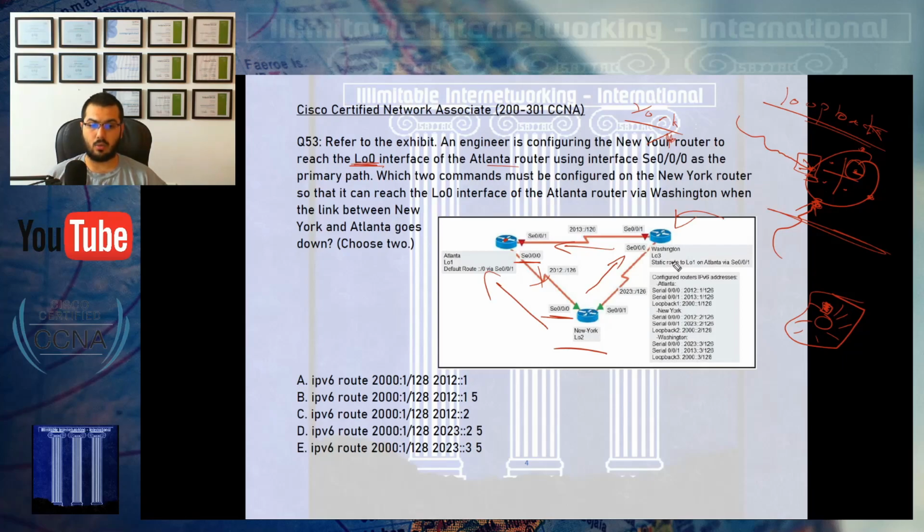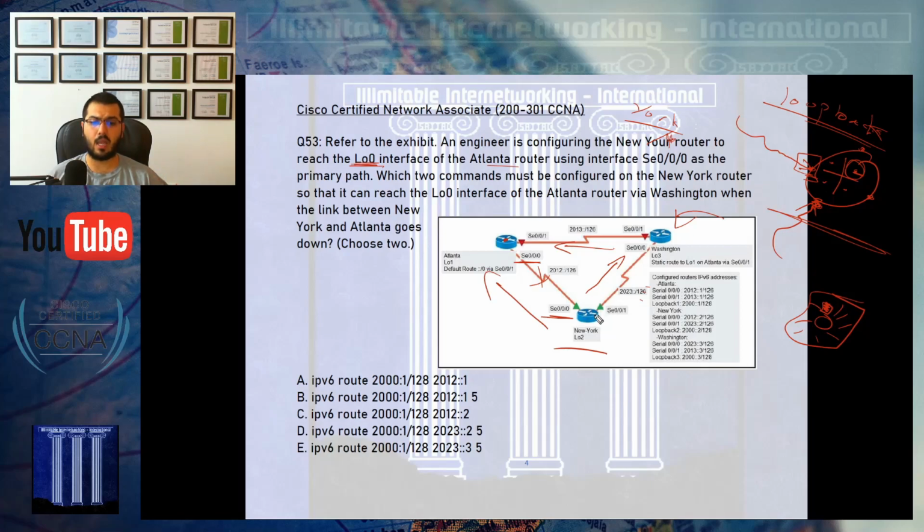Okay, so let's see that there is some config that's already there, which are some IPv6 addresses of the physical and logical interfaces for Atlanta, New York, Washington. The idea right now is that we need to configure an IPv6 static route with a higher administrative distance. By the way, you should have watched the video on the floating static, because right now this question is about a floating static route, because you need to configure a redundant static route that appears whenever the primary static route goes down.